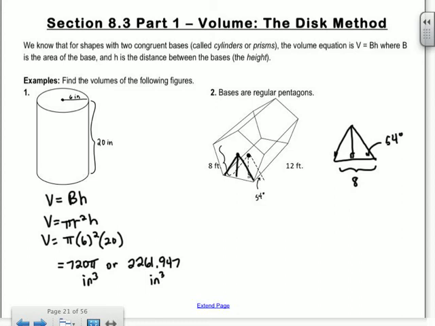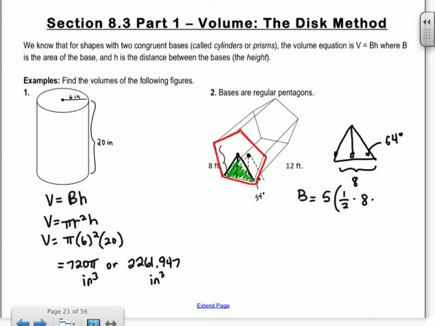All right, so if I want to find the area of the whole pentagon, how many of these green triangles do I have? 5, right. So we need to find the area of that triangle and then multiply by 5 to get the area of the base. Okay, so the area of the base is going to be 5 of those triangles. So they're going to be 1/2 base times height.